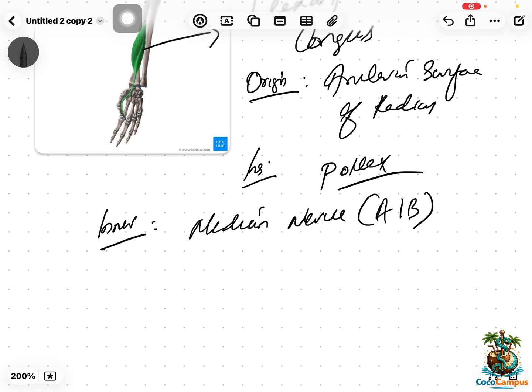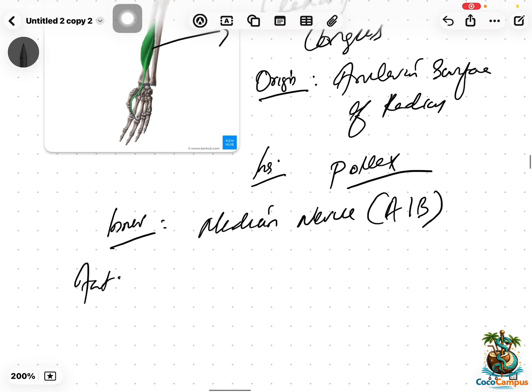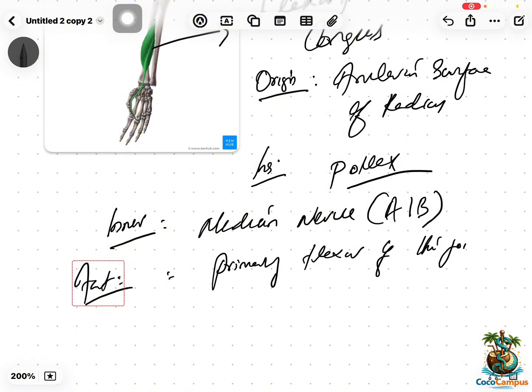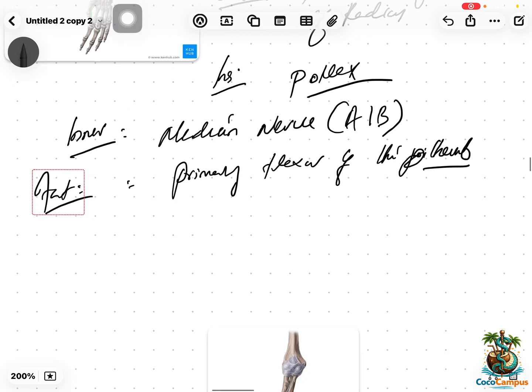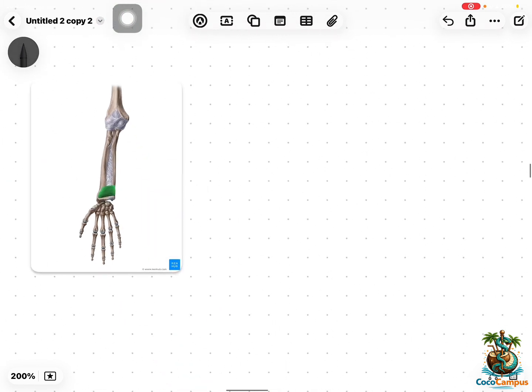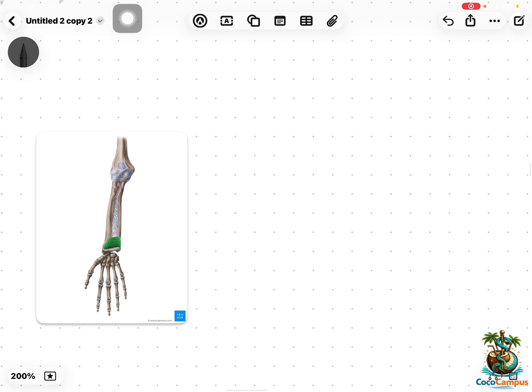And its function, just like the name said, it is the primary flexor of the thumb joints, metacarpophalangeal and interphalangeal. So, primary flexor of the thumb. Simple. Moving on towards the next muscle, you have your pronator quadratus.